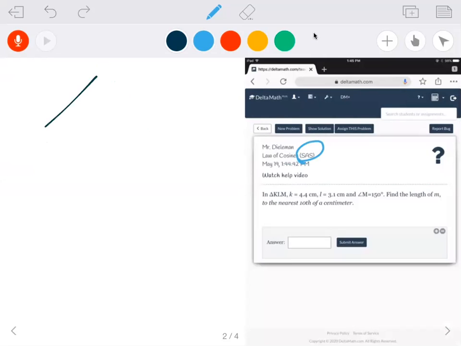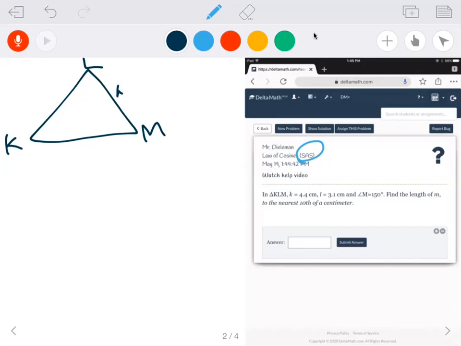Triangle KLM. And we know that side length K, not angle K, side length K is equal to 4.4 centimeters.